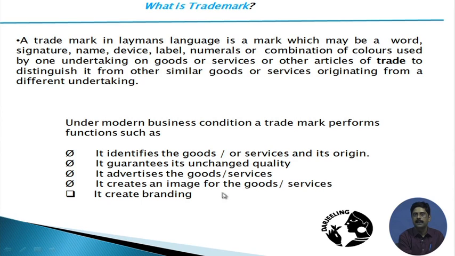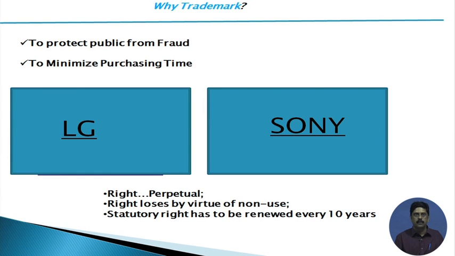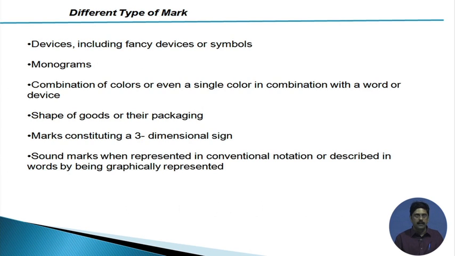A particular company with a particular trademark is a huge brand. Branding is an important parameter nowadays. Like this, it protects the public from fraud and minimizes purchasing time. Okay. This is the part.